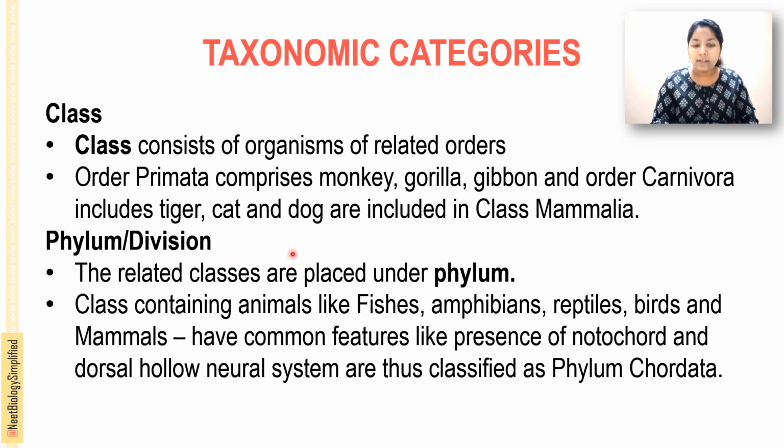The classes containing animals like fishes, amphibians, reptiles, birds and mammals have a common feature, the presence of notochord and a dorsal hollow neural system, and are thus classified as the phylum Chordata.